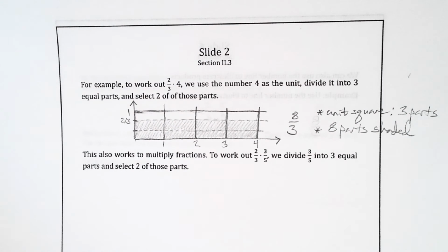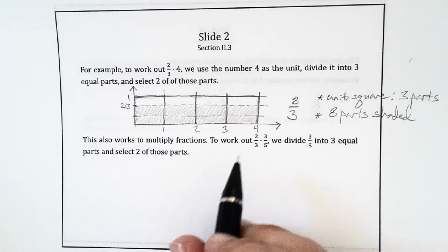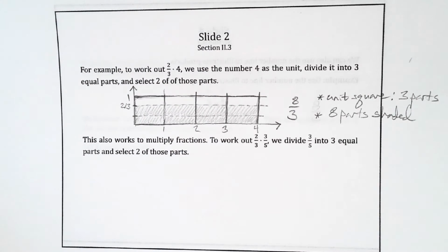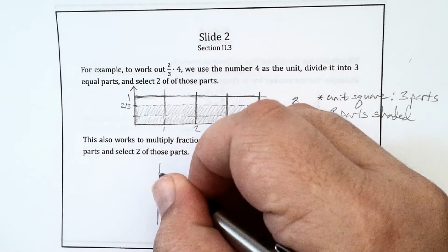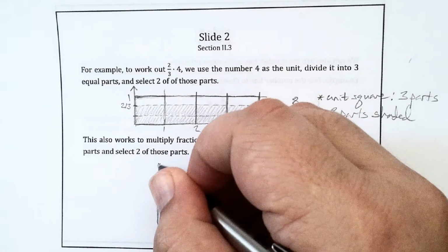Okay, I can do the same thing to multiply 2 fractions. So for example, 2/3 times 3/5. The idea would be to take 3/5, an area of 3/5, divide that area into 3 equal parts, and then select 2 of those parts. Okay, so we'll do this much like we did that last one.